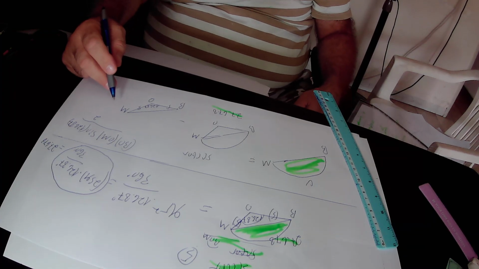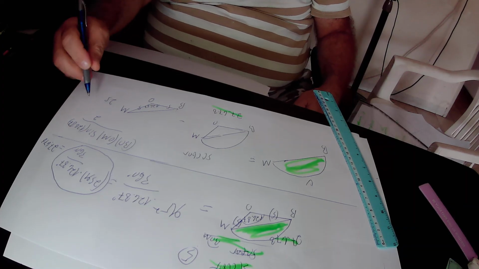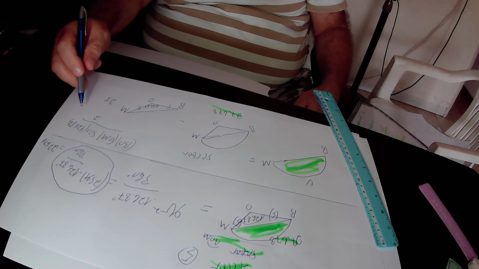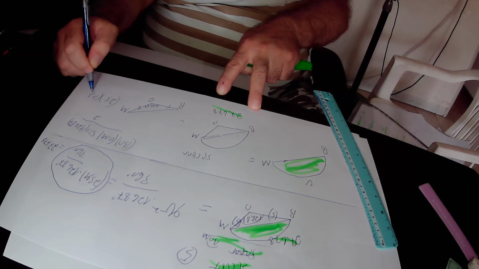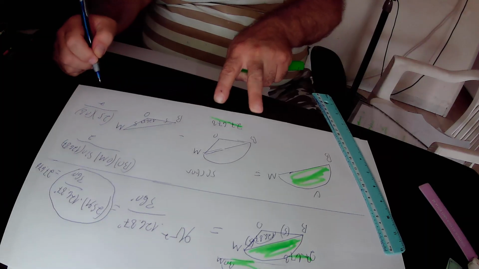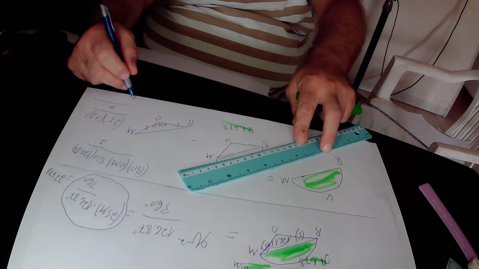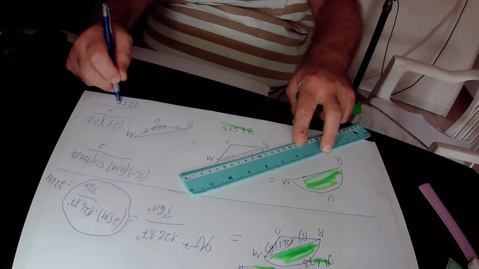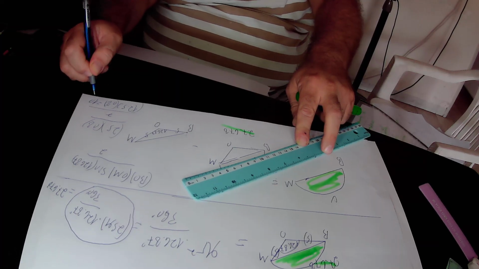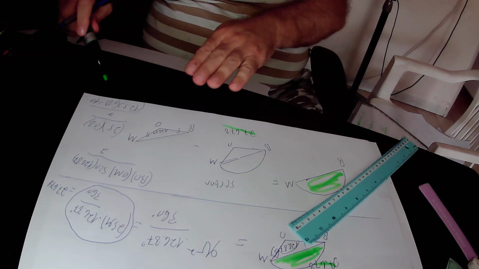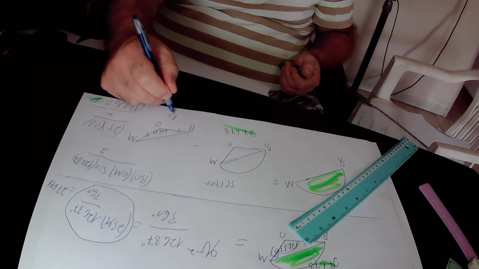BO is 5, OM is also 5, so BO times OM is 25. Sine of 126.87 degrees is 0.8, divided by 2. 25 over 2 is 12.5, and 12.5 times 0.8 is equal to 10. So the area of this triangle BOM is equal to 10 square units in size.